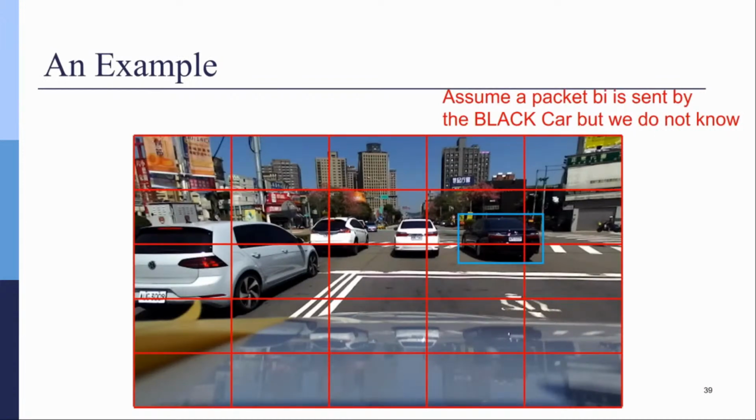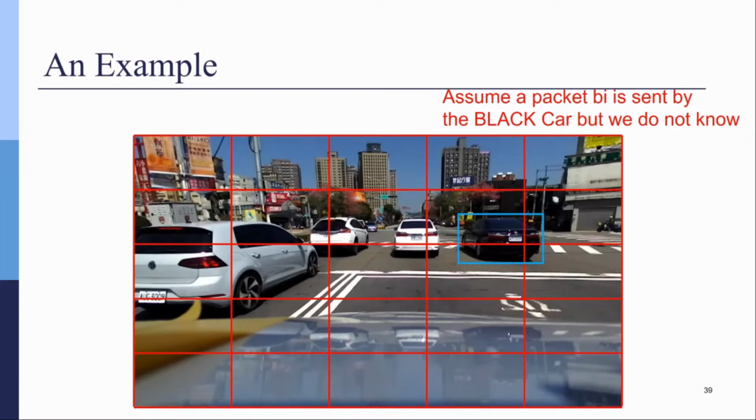Okay, let's check an example and see how the whole system works for a packet BI. Assume the packet BI is sent by the black vehicle, but how do we identify BI is sent by it and then tag inside information with the black car?